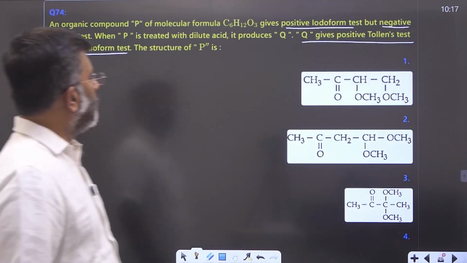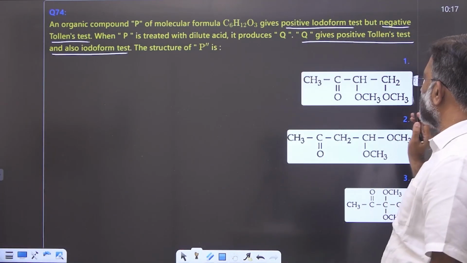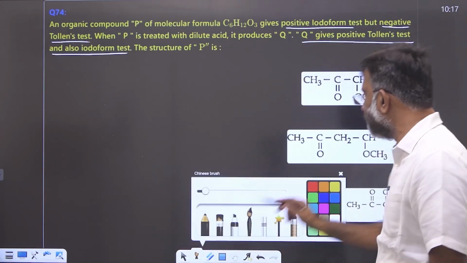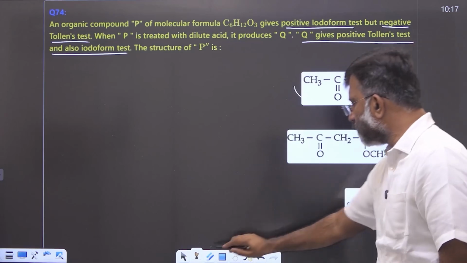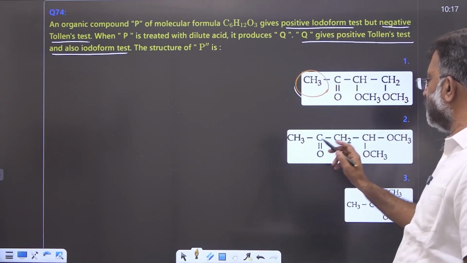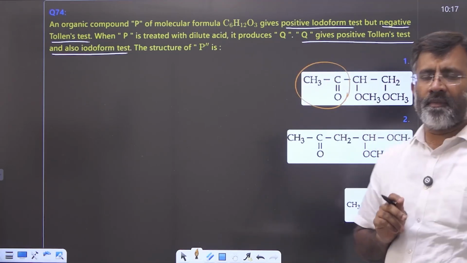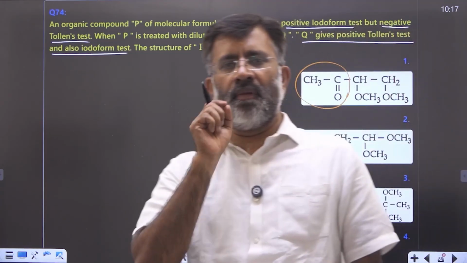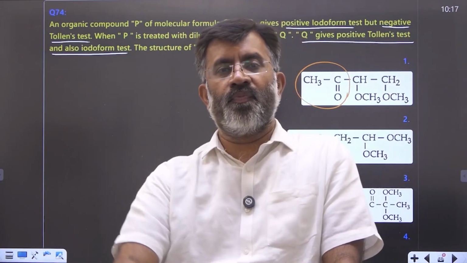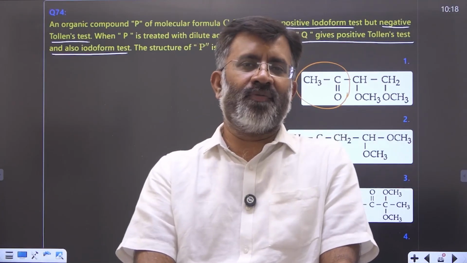So P gives a positive iodoform test. Suppose we take the first option, this gives a positive iodoform test, you can very well understand, a methyl keto group is available. Any molecule containing a methyl keto group or methyl carbinol group, which is not a derivative of acid, can give you the iodoform reaction.